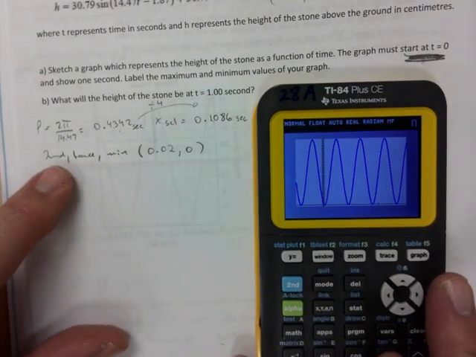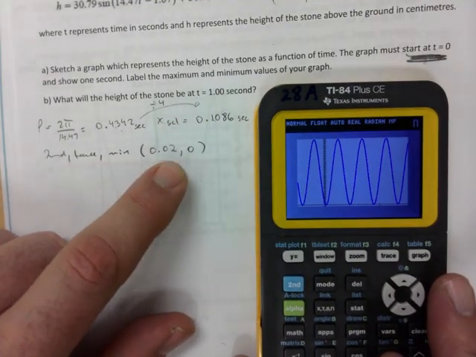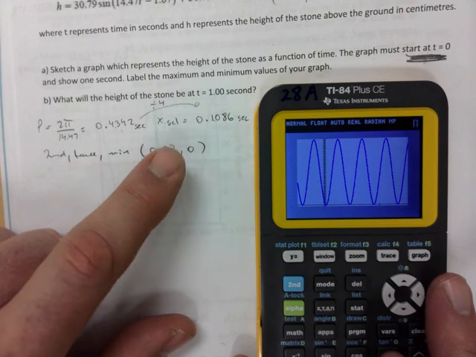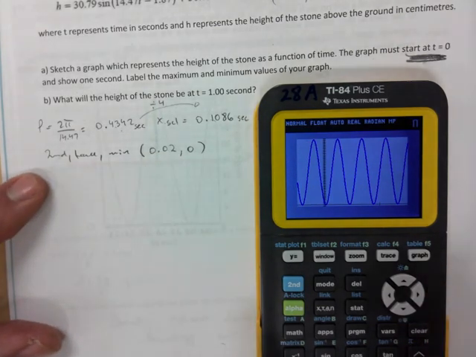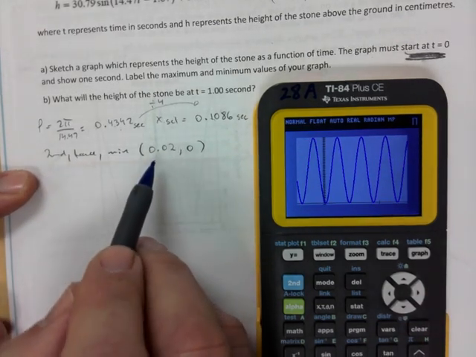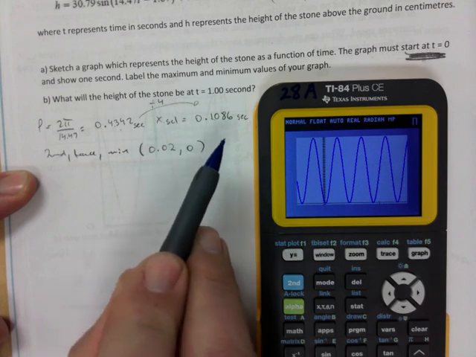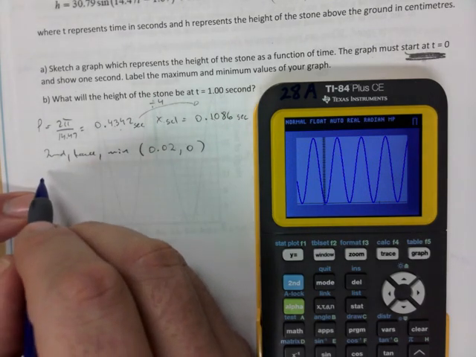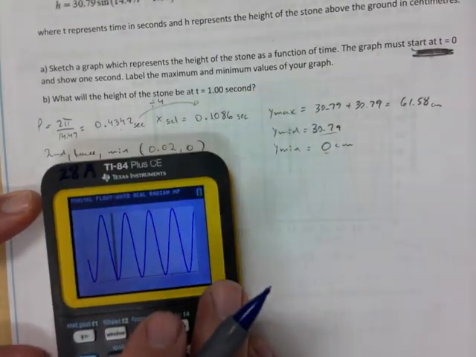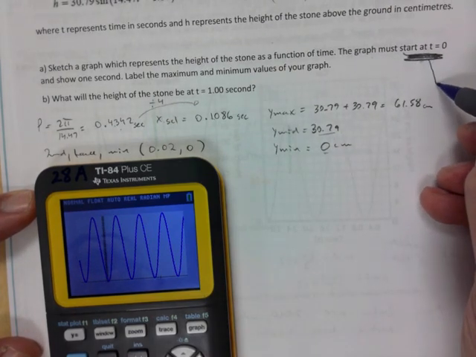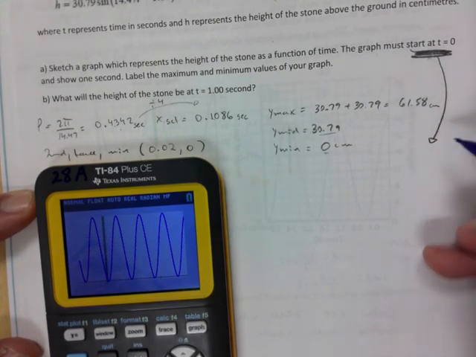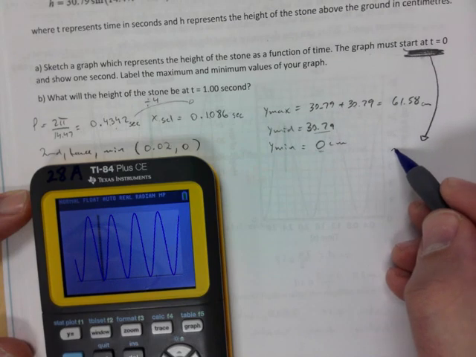And I found my first min, which is not quite 0. They want us to start at 0. So we are going to continue doing the same thing as before, using this as our starting point and then adding the x scale. But because of this requirement, time is 0. They're basically asking for the y-intercept.